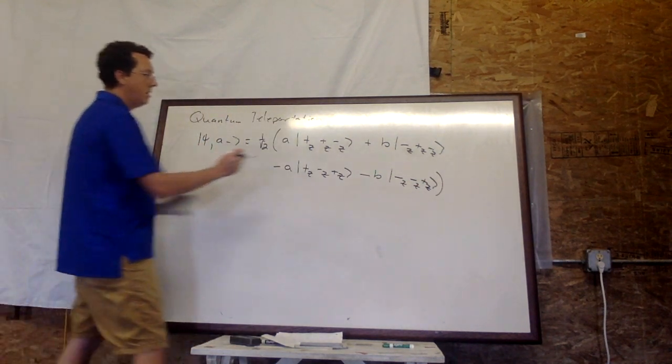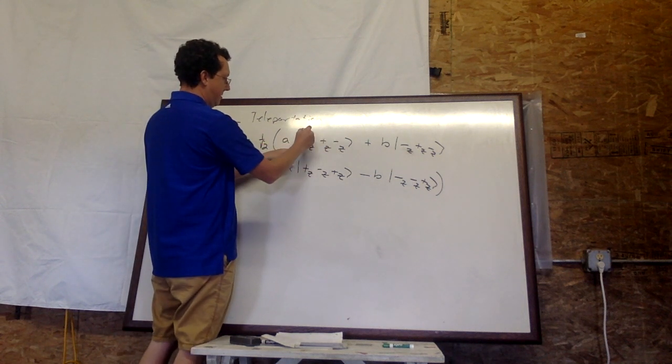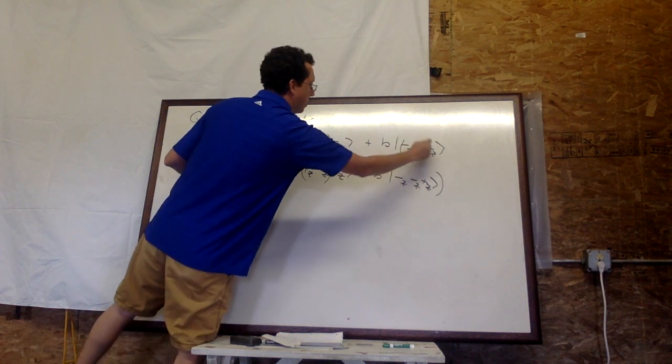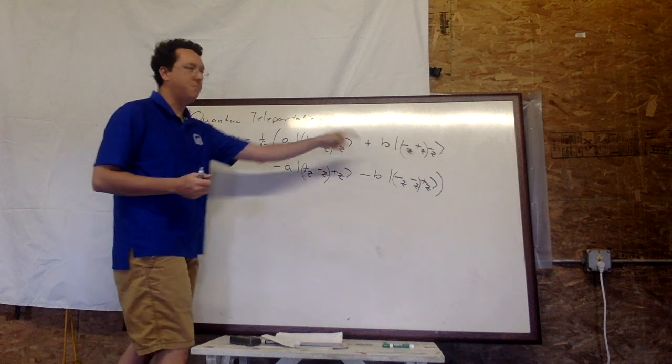Now, Alice alone, she sees this stuff. That's the part that Alice sees, and Bob sees the third factor.